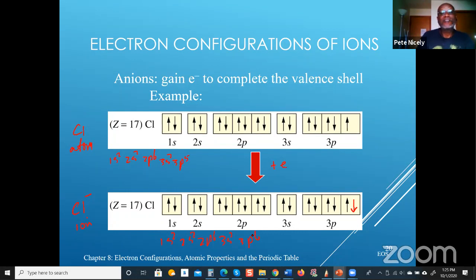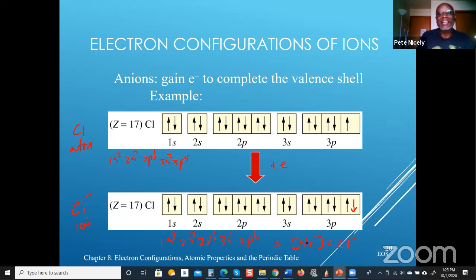So that's the electronic configuration of the chloride ion. And if you are observant enough, you'd realize that this would be the same as the electronic configuration of neon, whoops, right? So the electronic configuration of the chloride ion would be the same as the electron configuration of neon, right?